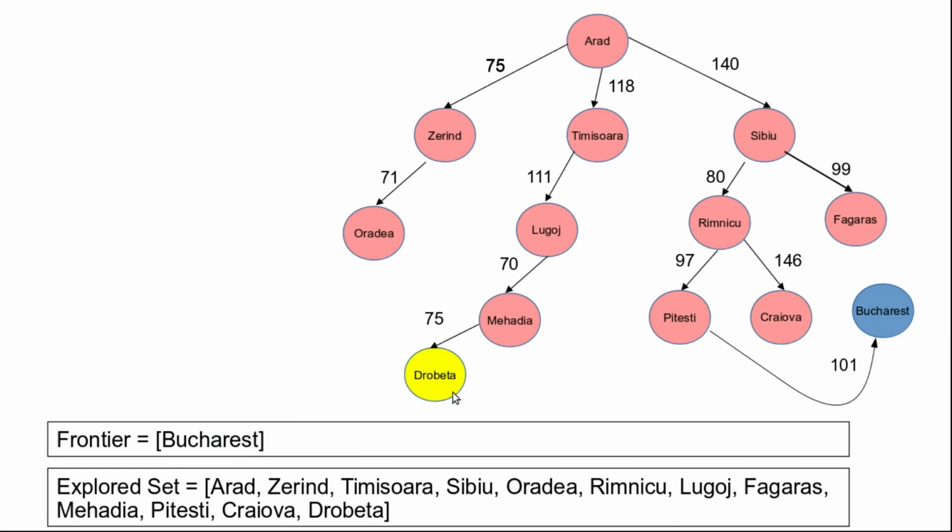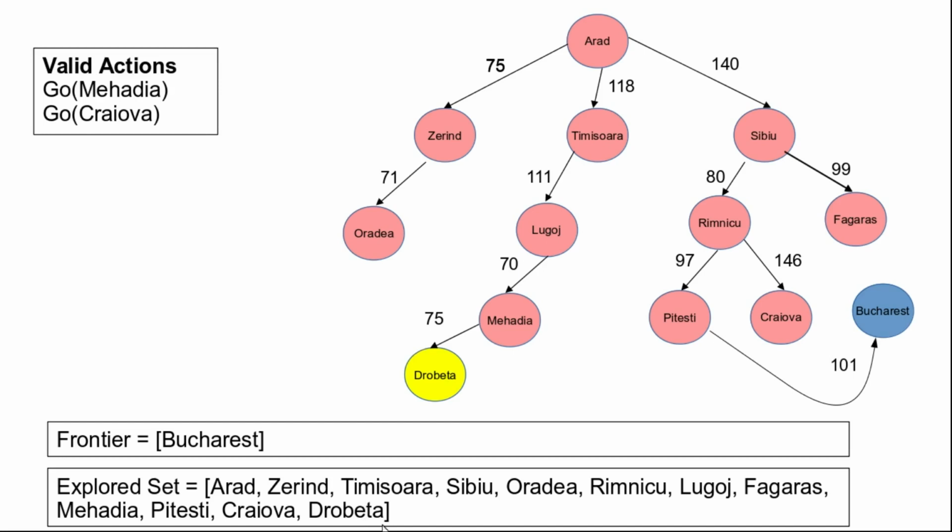First we check whether it's goal state. It's not the goal state, so we add it to the explored set, and then we find out what are the valid actions for Drobeta. From Drobeta we can go to Mehadia or we can go to Craiova, and both these nodes are already present in the explored set, so no new node will be generated for Drobeta.